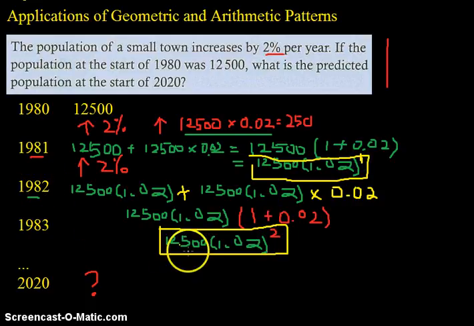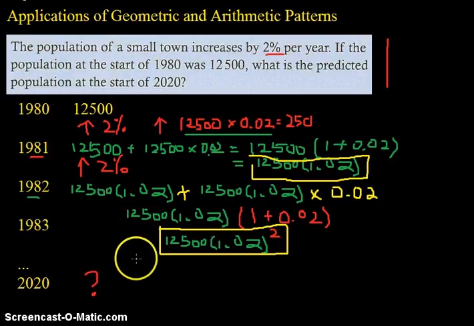And after 2 years, I have 12,500 times 1.02 to the power of 2. All right. What do you think the population will be after 3 years? Or in other words, what is the population going to be in 1983? Pause the video and think about it.